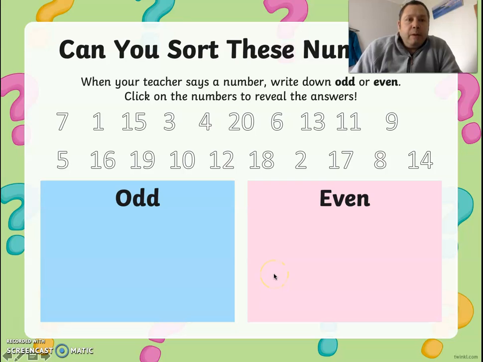So get a piece of paper or a whiteboard, and here are the numbers: 7, 1, 15, 3, 4, 20, 6, 13, 11, 9, 5, 16, 19, 10, 12, 18, 2, 17, 8, and 14.